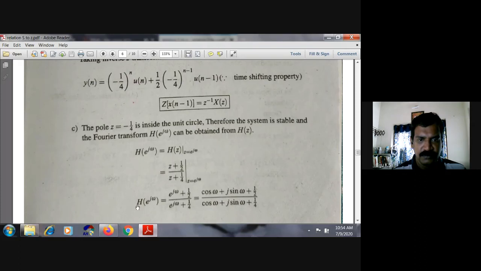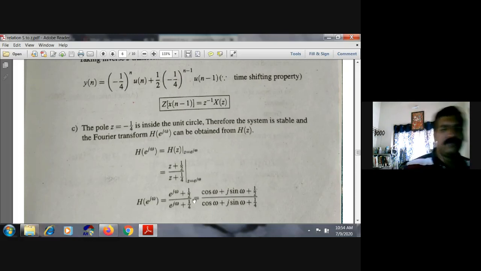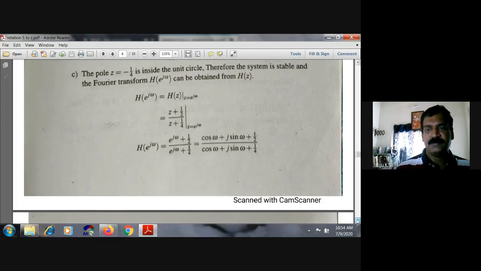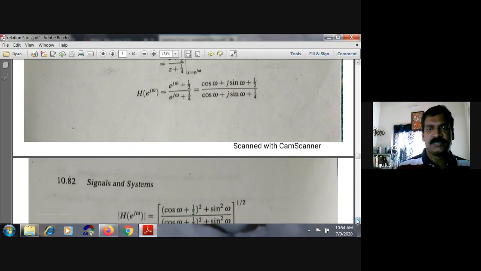For the magnitude response, we take the modulus of H of e raised to j omega. The phase response is the angle of H of e raised to j omega. Next we find the magnitude response.